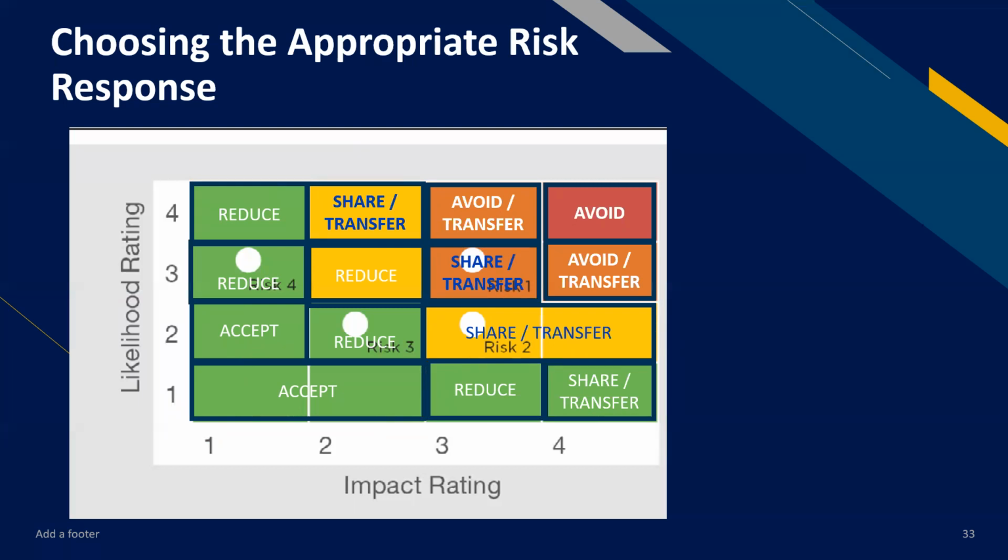The more severe a risk is, then you move towards avoiding as the proper risk response. Okay? If as the likelihood and impact is reduced, then tumataas yung chance that you can just simply accept the risk. Okay?